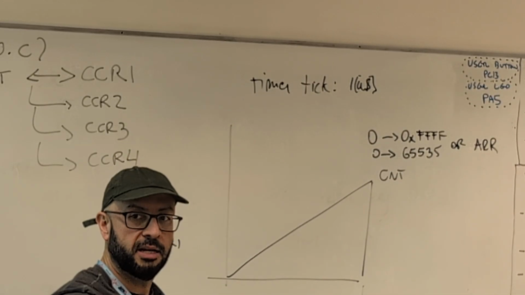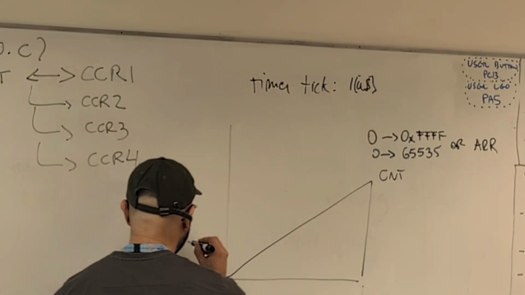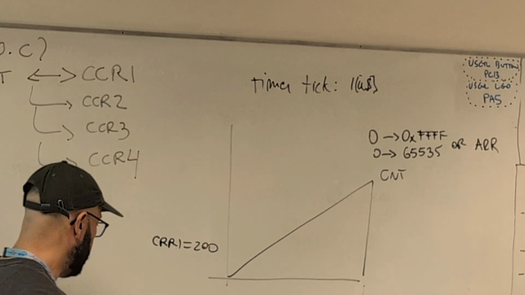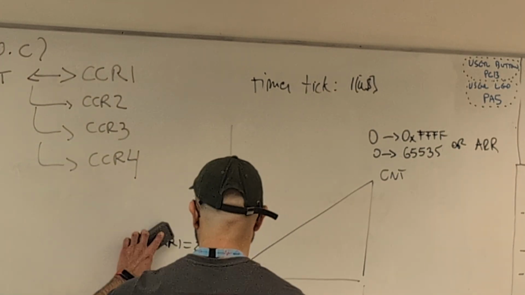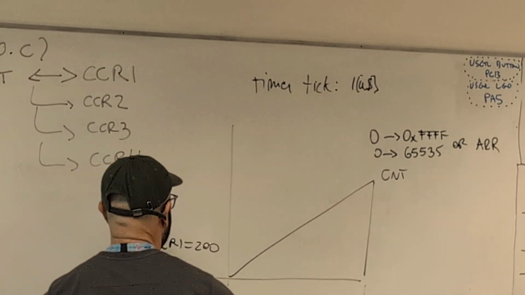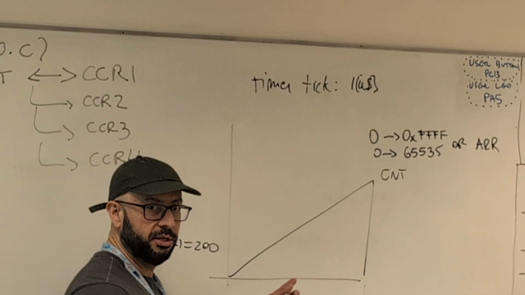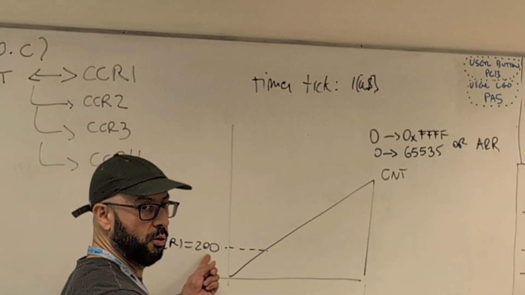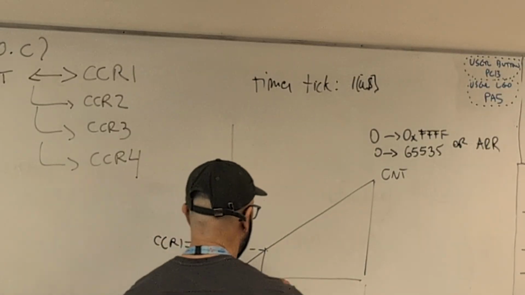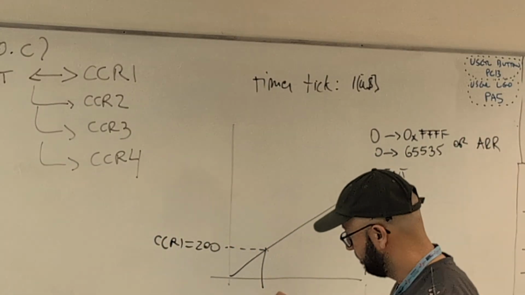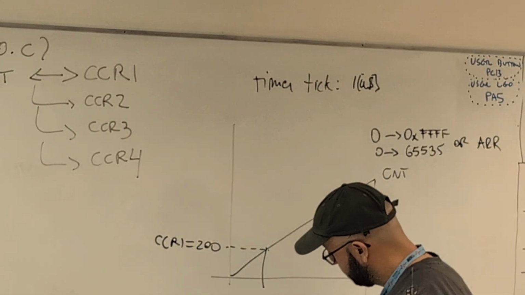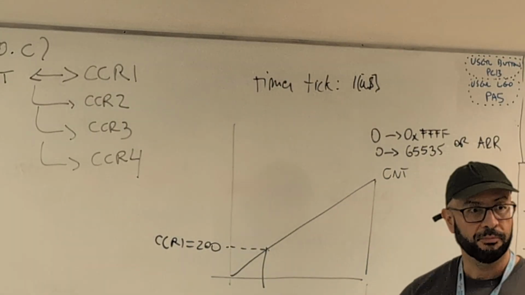If I write a 200 in the capture compare register 1, whenever the CNT counter is equal to 200, this is going to generate an event, which is my output compare event.